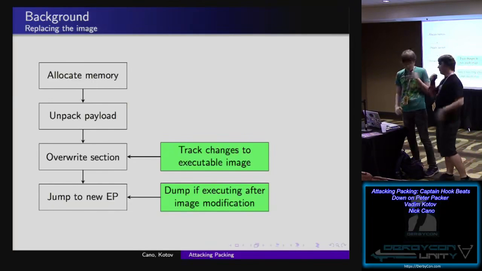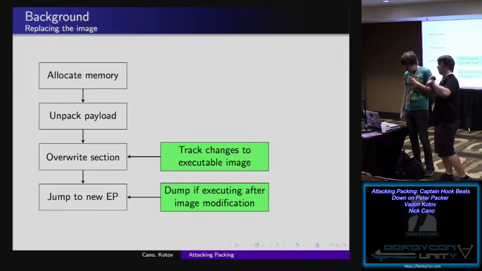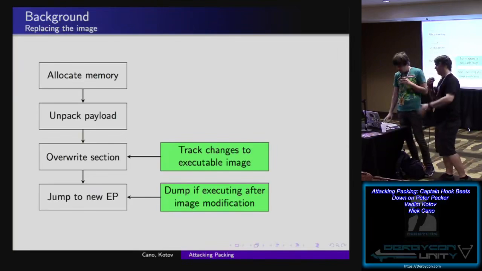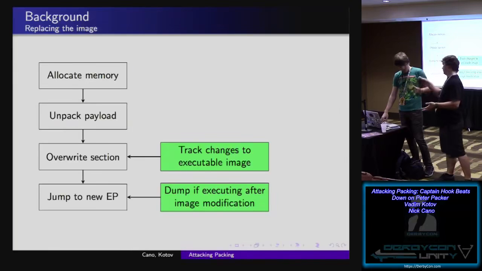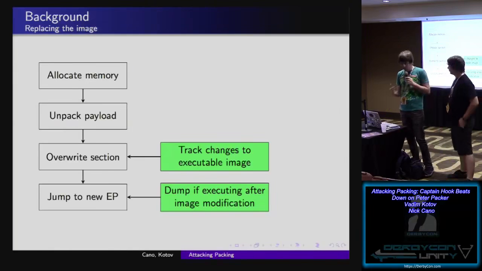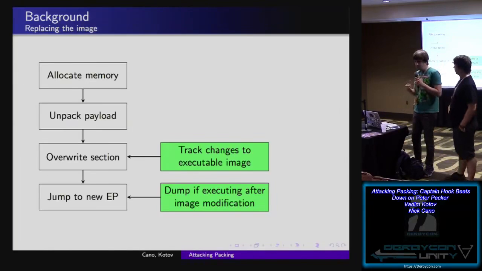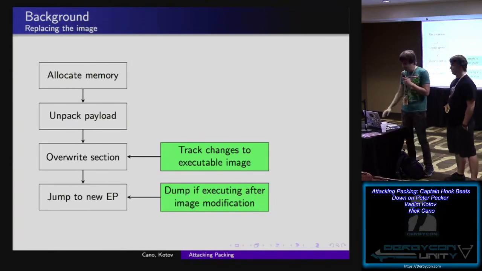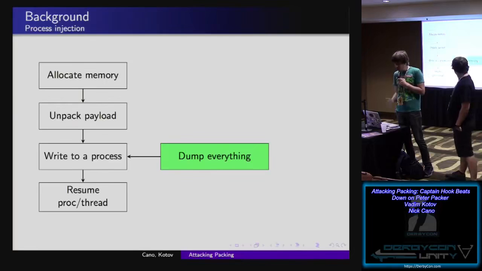That's what UPX does, for instance. It has an empty PE section, and then it writes the new code to that PE section without any import table or whatever. It resolves all that stuff before unpacking, and then executes from there. Or it can just unmap all the sections and then map them again, maybe even to a different location. And finally, process injection.